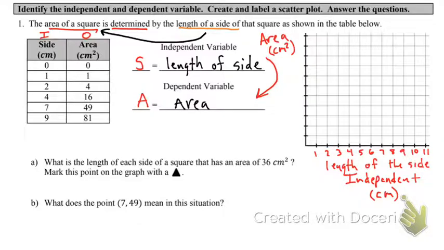Now for the numbers on this axis, we can't go 1, 2, 3, 4, because it's going all the way to 81. So you have to figure out what we can use as the unit here. We have to reach 81. I think we should go by tens: 10, 20, 30, all the way up. So this is no longer by ones. This one is by tens.